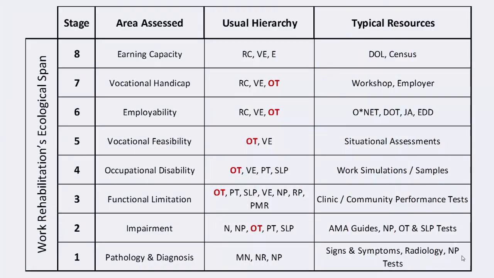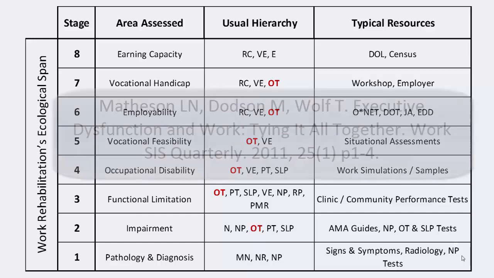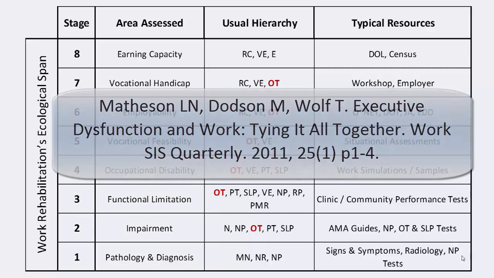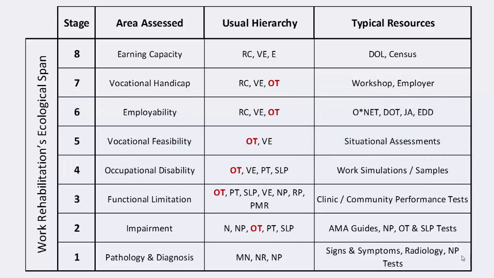We can get a better handle on this by taking a look at the stage model of neurorehabilitation presented in a paper a few years ago by myself and Tim Wolfe and Matt Dodson in the Work Special Interest Section Quarterly. In this model, we begin at stage 1 looking at pathology and diagnosis and progress as the patient progresses from being a patient to being a client up through the stages to stage 8, where earning capacity is addressed.